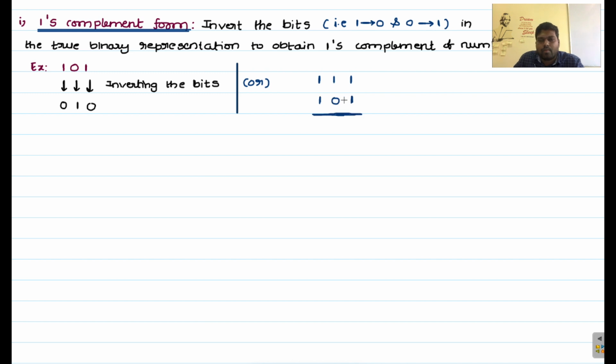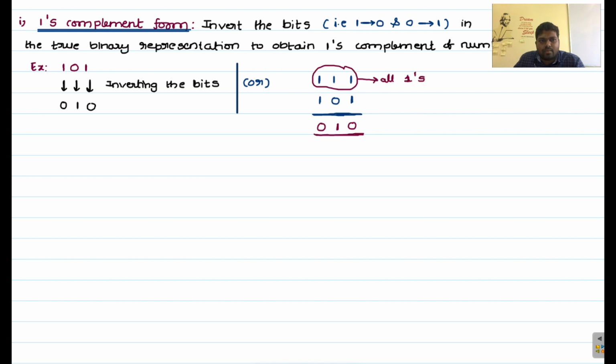Now 1 minus 1 means obviously you will get 0, 1 minus 1 means 0, and 1 minus 0 equals 1 only, right? Whatever binary number is given, that number can be subtracted from all ones. Then you will get the one's complement form of that number. Here the given number is 101, and this number is subtracted from all ones.